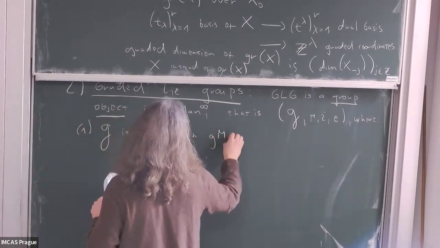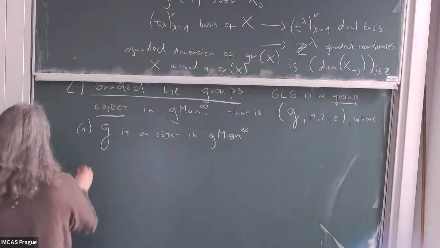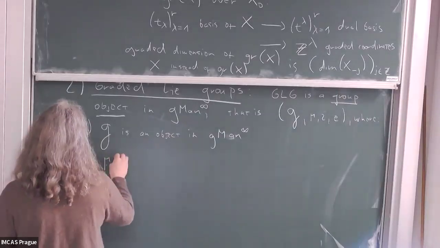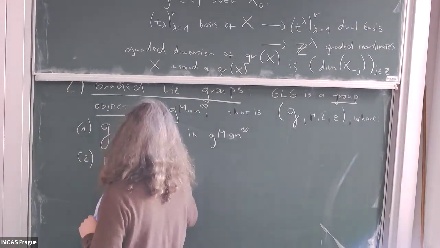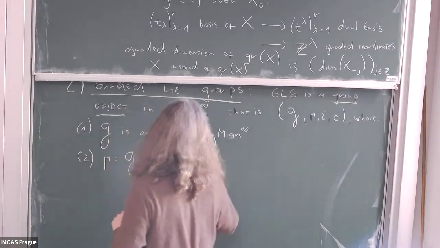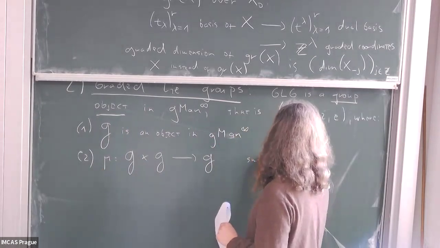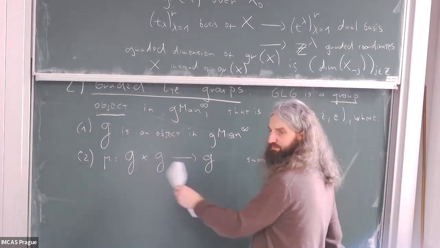So it's just a graded manifold. Second, this mu is the graded smooth map from G times G to G. Because we have binary products, we know what this G times G is.